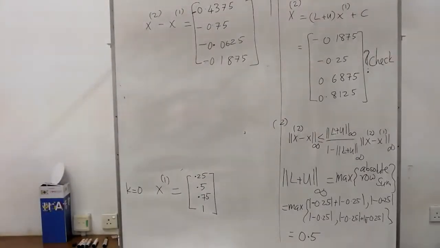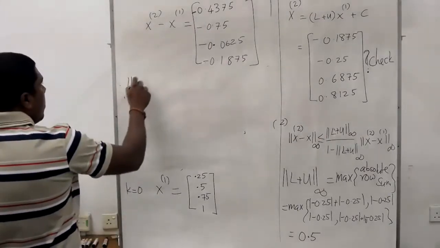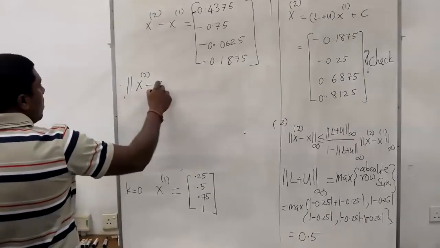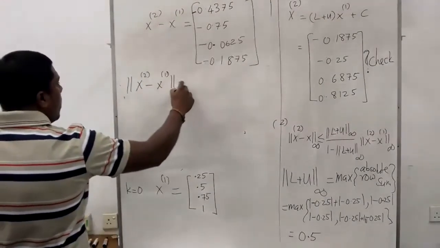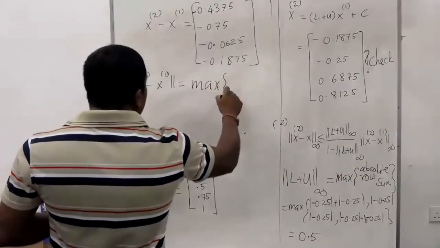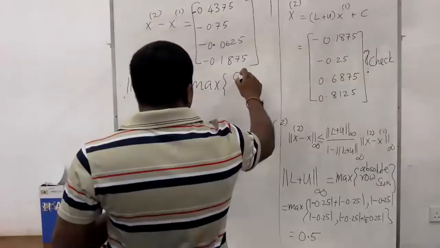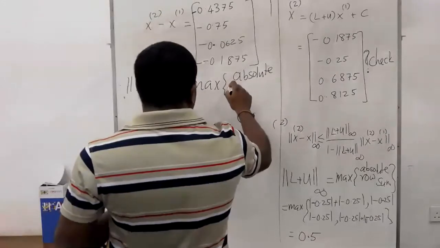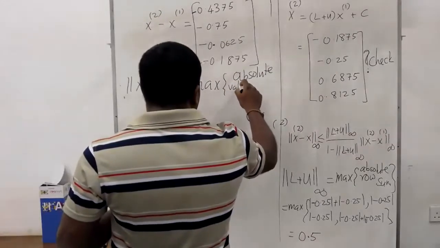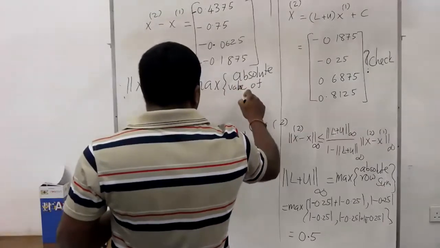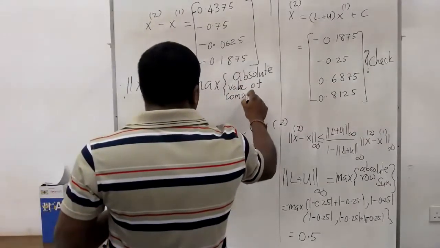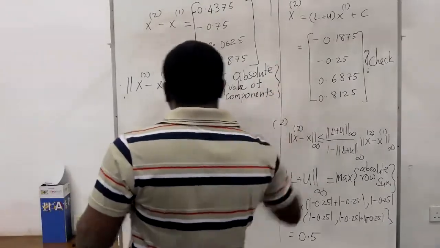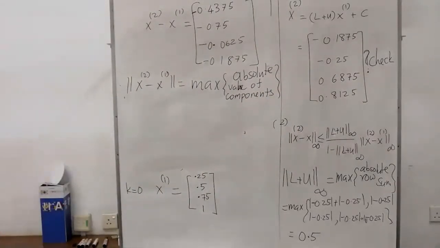So then you have these values, and for the infinity norm, this time it is a vector. The infinity norm is the maximum among the absolute values of each of the components.